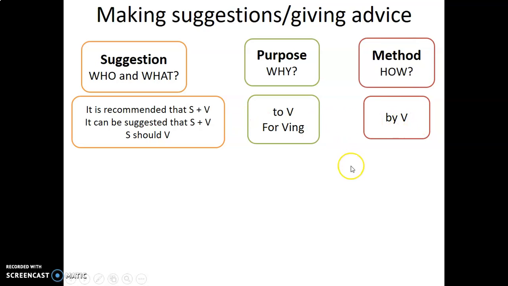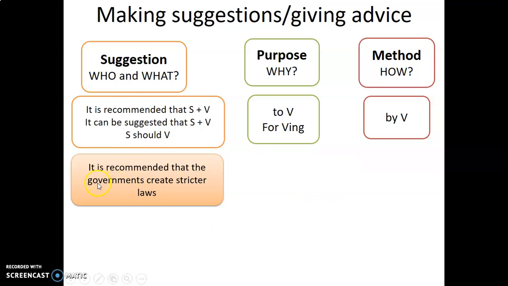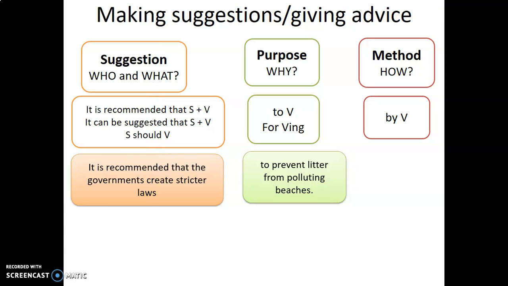You can use both of them together or separately. For example, it is recommended that the governments create stricter laws to prevent litter from polluting beaches. Yeah, so that's kind of a formula that you use to give advice or make suggestions.